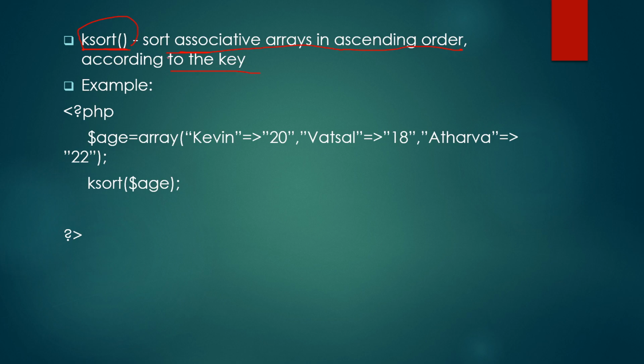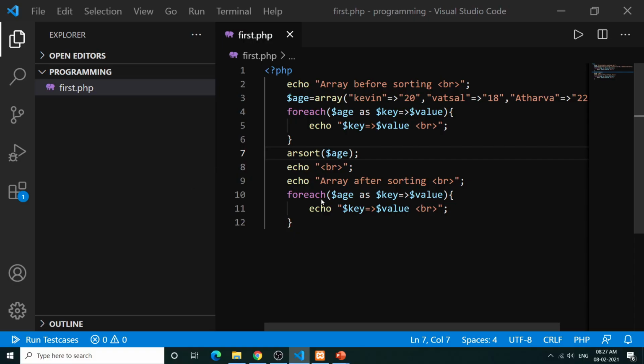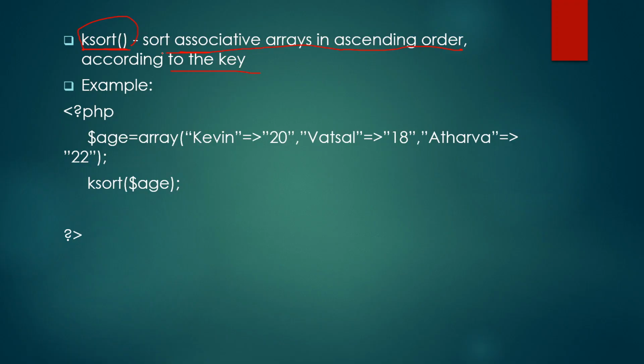The asort function also sorts in ascending order, but according to the value. So this is the only difference between these two. We'll see in this example, instead of arsort we will be using ksort. Just ksort, and I'll run this program.